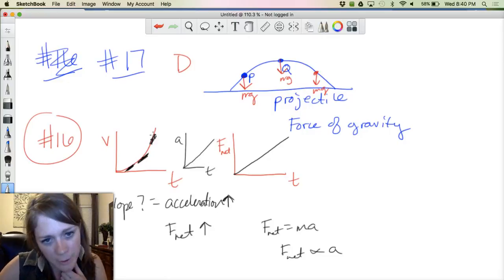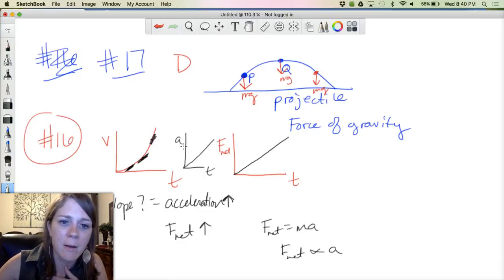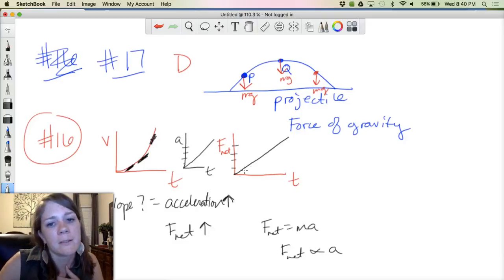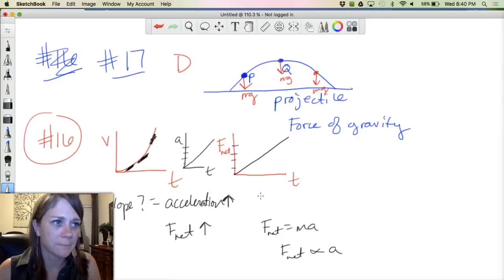Remember, we go from a curve to a straight line to a horizontal flat line. The F net versus time and the acceleration time graph should always look the same. Of course, the scale is going to be different over here, but they should look the same. They should increase by the same rate.